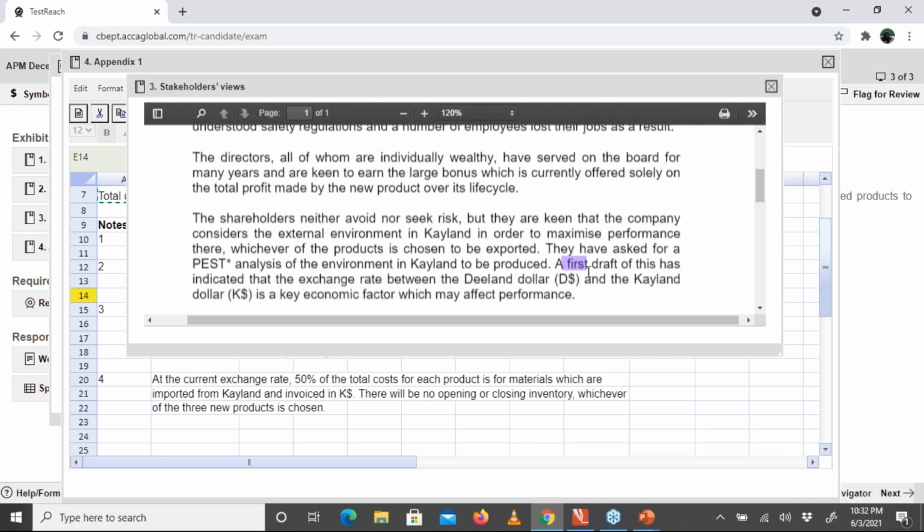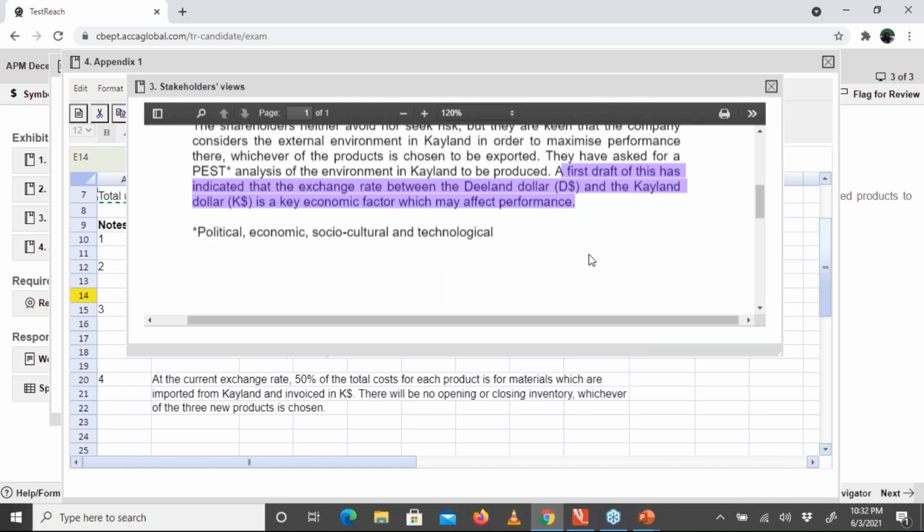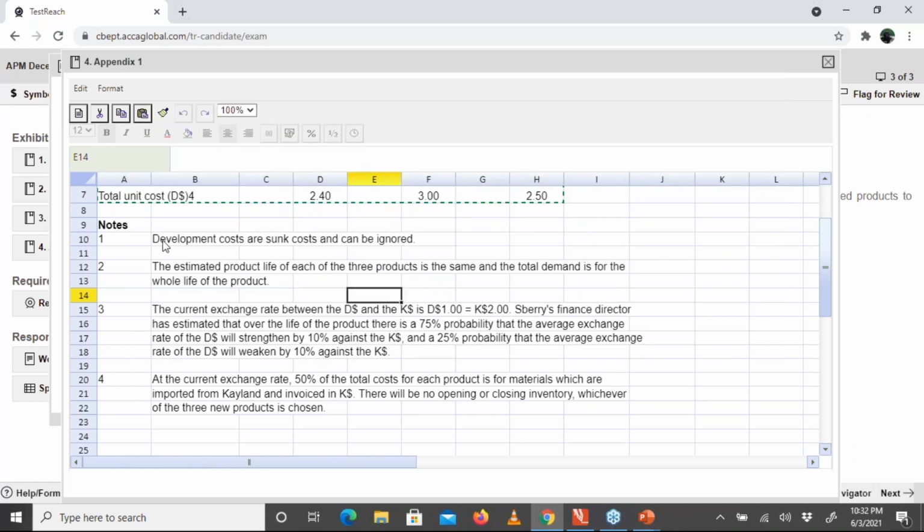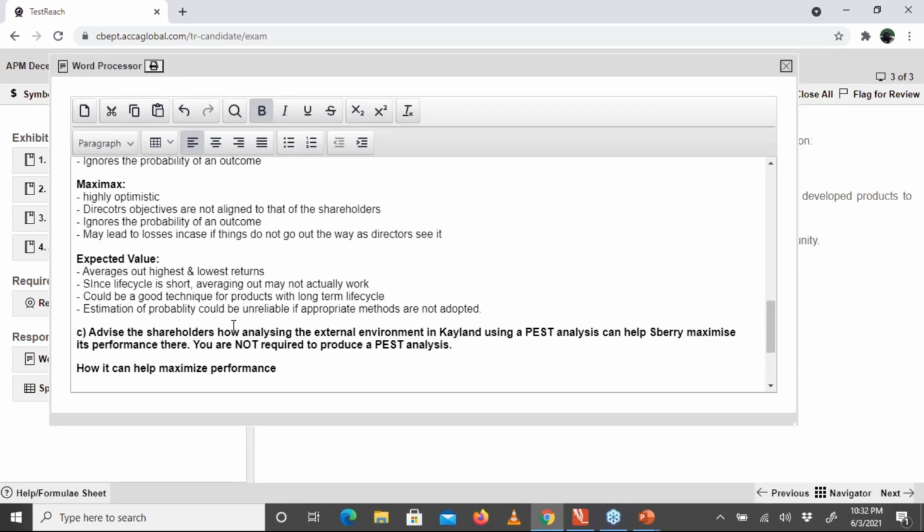A first draft of this has indicated that the exchange rate between the D-Land dollar and the K-Land dollar is the key economic performance indicator. Now, if you go back to the requirement, you're not required to produce a PEST analysis. What do we need to do now?